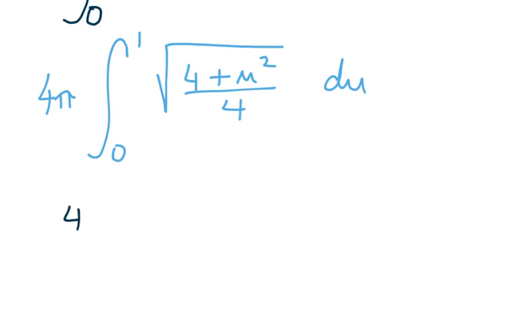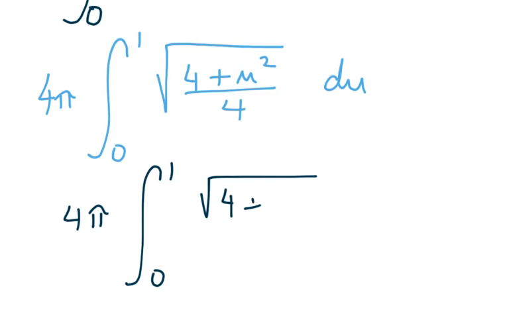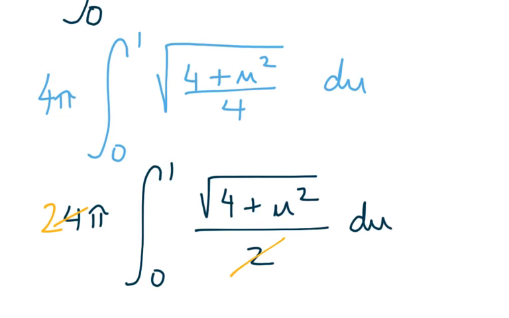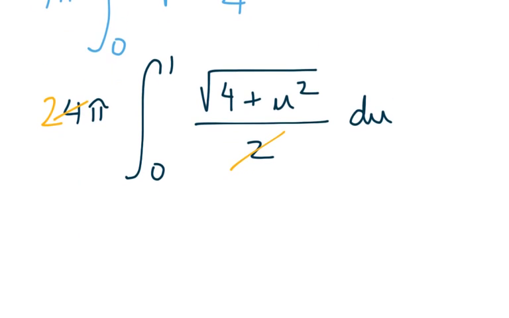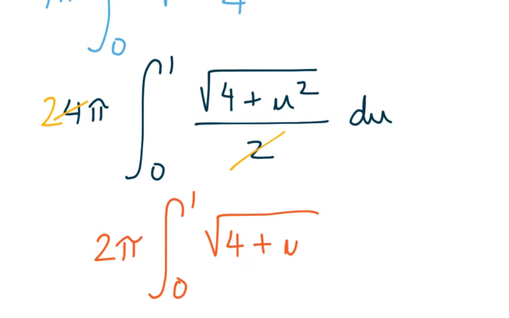I can say 4 pi, the integral from 0 to 1, of square root of 4 plus u squared over 2 du. Square root of 4 is 2. So I can separate the numerator and the denominator, and then I can simplify the 2. So now I have 2 pi there.